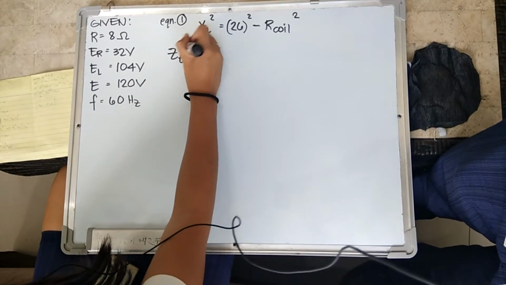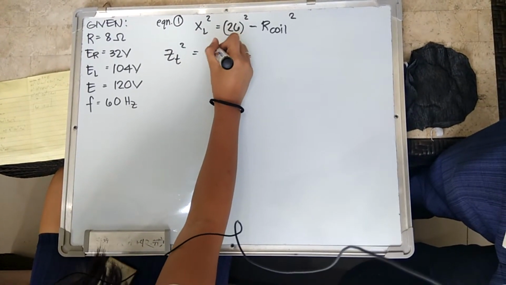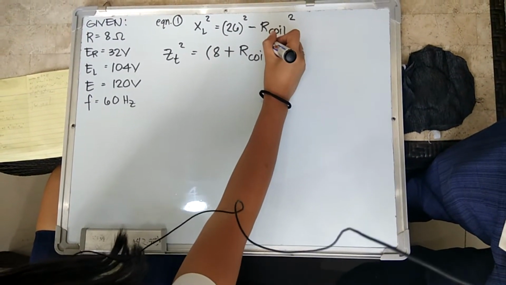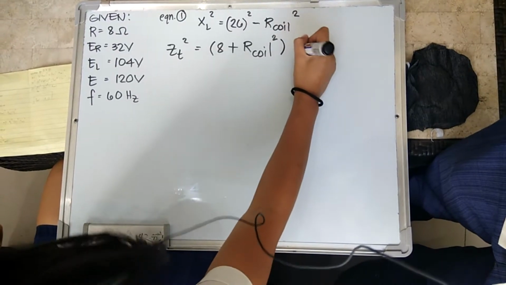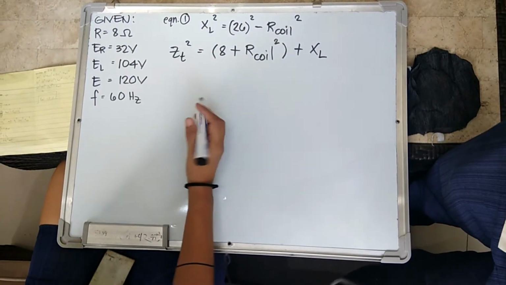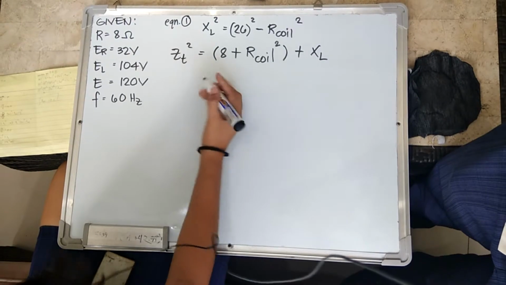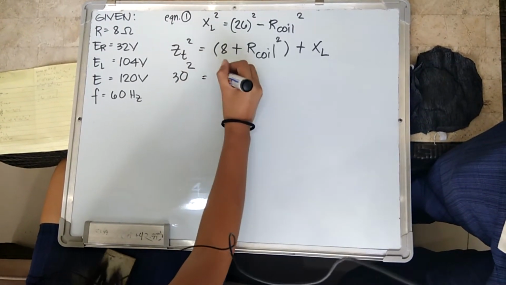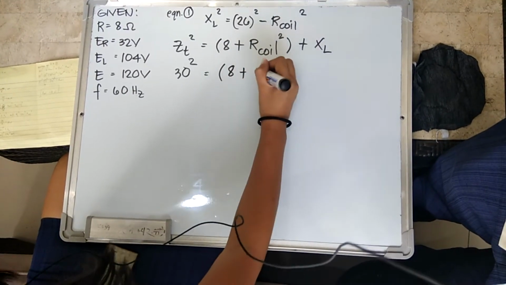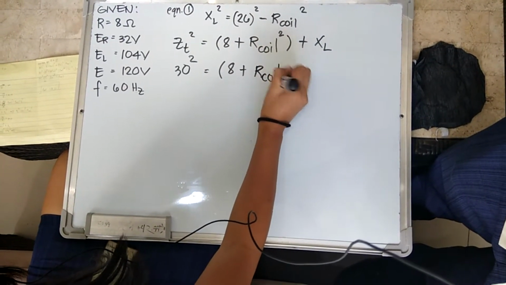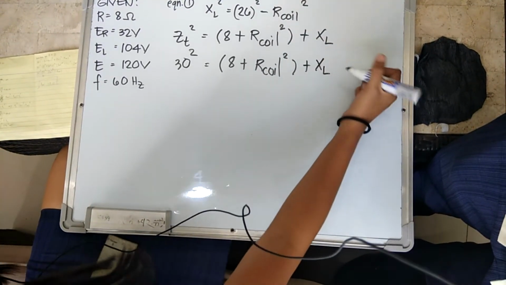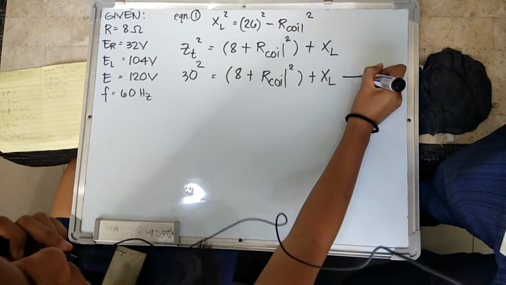Z total squared is equal to 8 plus R coil squared plus XL squared. ZT is equal to 30, so 30 squared is equal to 8 plus R coil squared plus XL squared. So this is our equation 2.